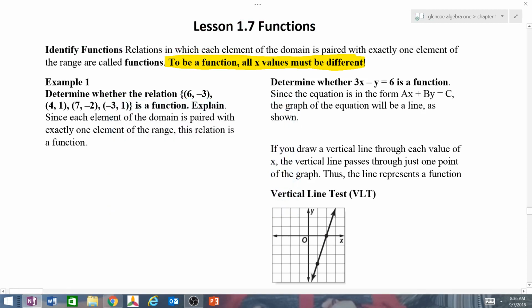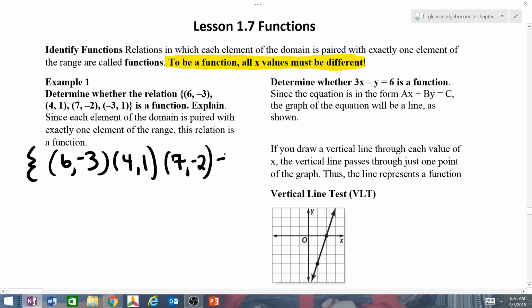So my ordered pairs are 6, -3, 4, 1, 7, -2, -3, 1. So we should be looking at the x's.